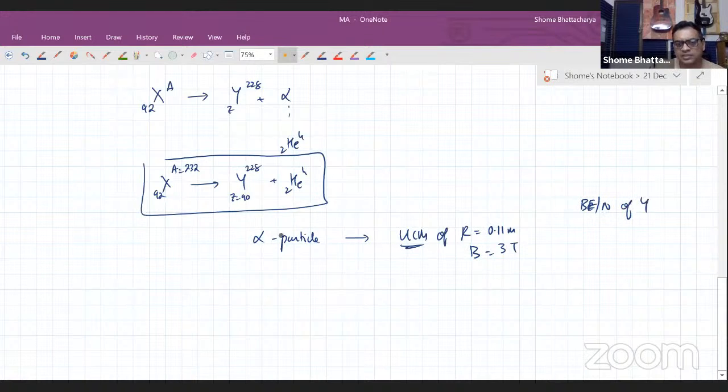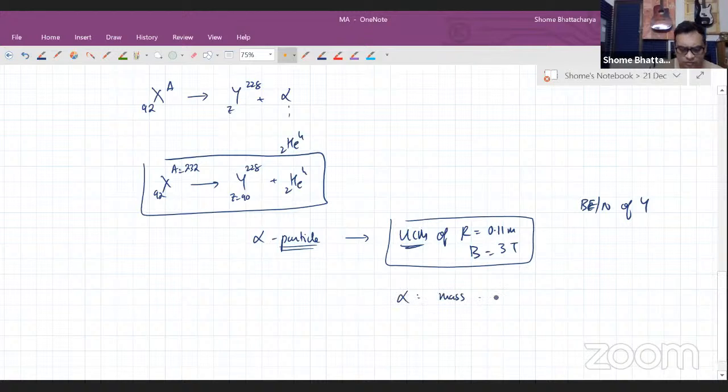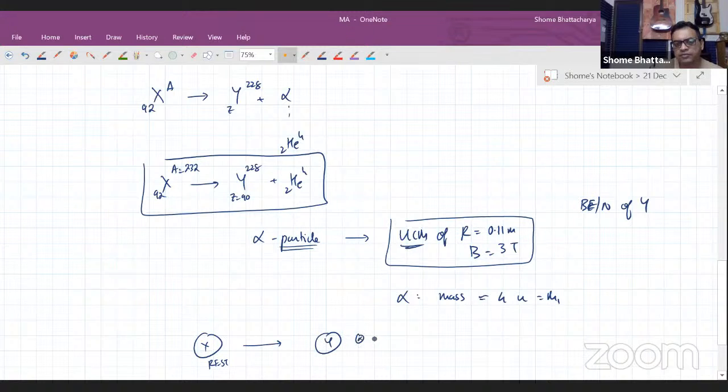Okay. So basically from this, we will get the kinetic energy of the alpha particle. The alpha particle's mass is approximately 4 atomic mass units. Let's write that as M1. So X was at rest, and when it undergoes this alpha decay, the alpha particle of mass M1 goes at some speed V1. This is of mass M2, it goes at some speed V2.